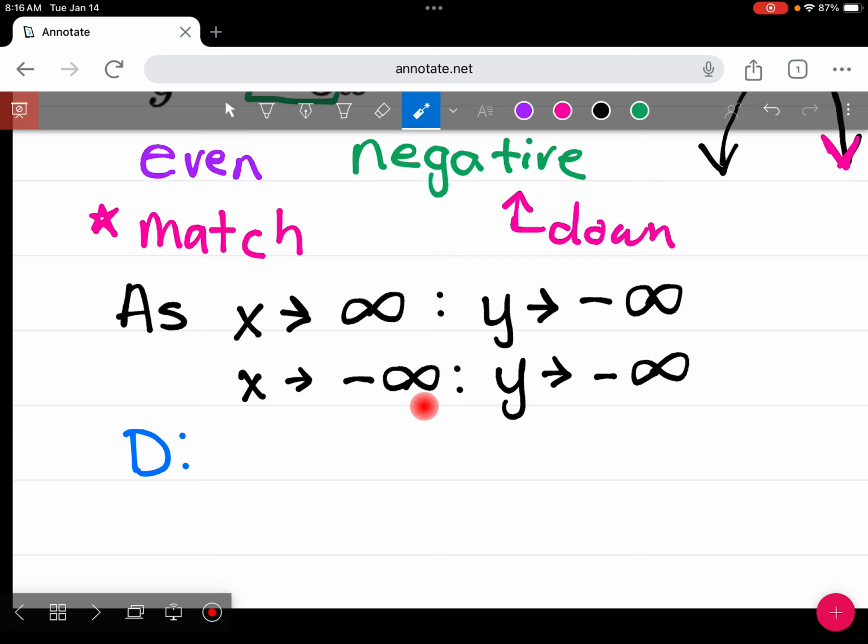What's our smallest possible x? Negative infinity. And our biggest is positive infinity. In fact, all polynomials are going to have the domain of negative infinity to positive infinity. That's part of the definition of being a polynomial. If we can write end behavior like this, it's going to have both of those pieces.